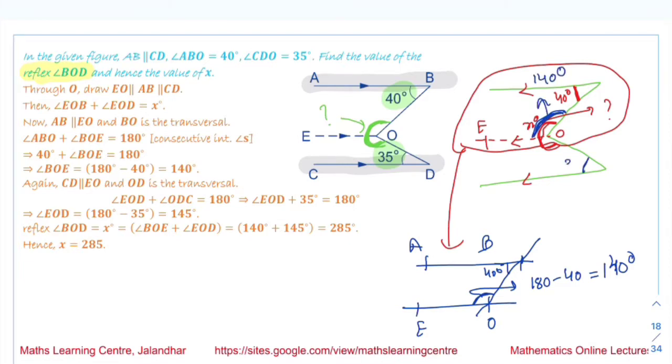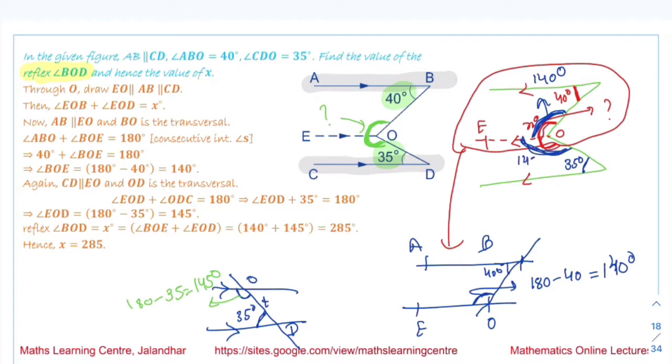Similarly, this angle is given to be 35 degrees. In the lower portion, OD acts as a transversal, and these are the two parallel lines. Now this angle is 35 degrees, so the corresponding angle will be 180 minus 35, which is equal to 145 degrees. So this lower angle is 145 degrees.